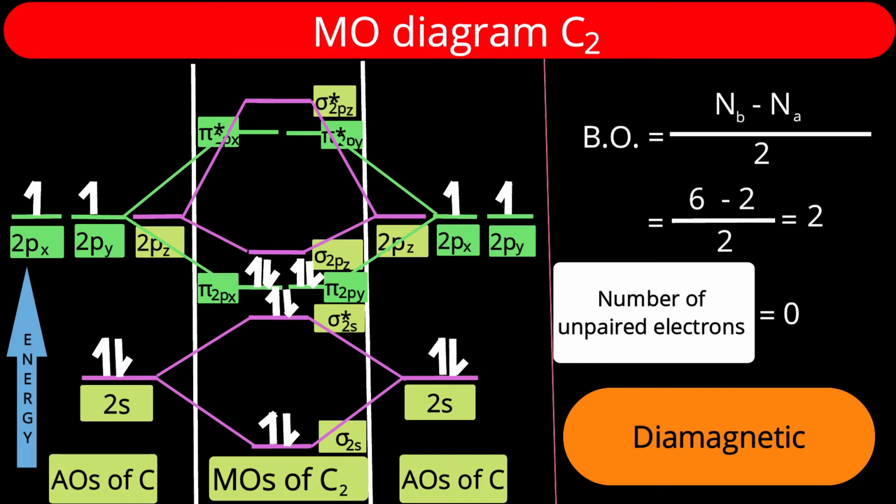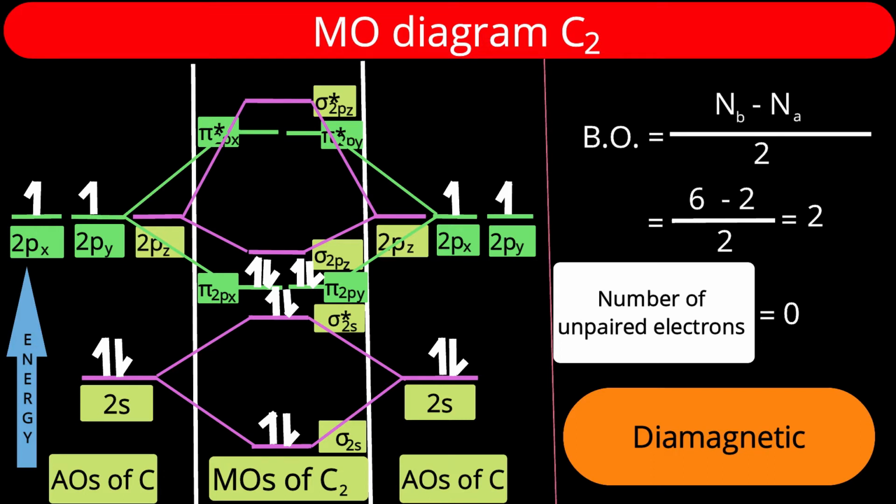Though as per the LCAO principle, the first condition, energy should be the same, is fulfilled, and the second condition, symmetry should be the same, is fulfilled, the third condition, appreciable overlap, is not fulfilled, and due to that those two 1s orbitals will remain non-bonding. There will not be any change in the electron density of these orbitals in the molecule and the respective atomic orbitals, visually 1s in each atom.